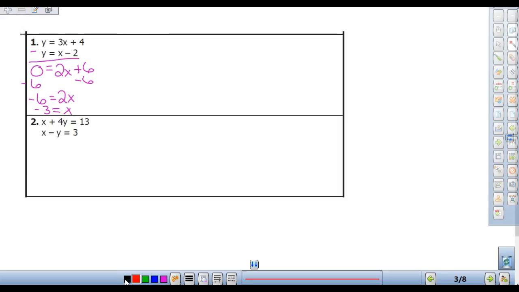So if I plug this into the top equation, I have y equals 3 times x, negative 3 plus 4, so 3 times negative 3 is negative 9 plus 4, negative 5. So my point is negative 3, negative 5.